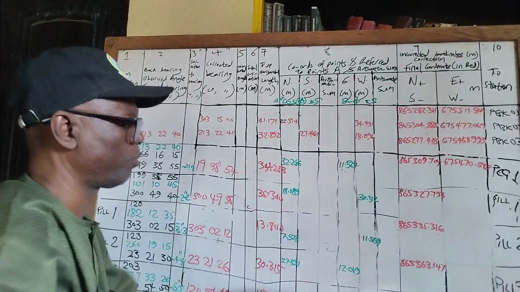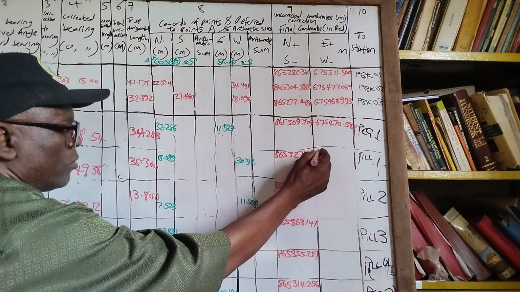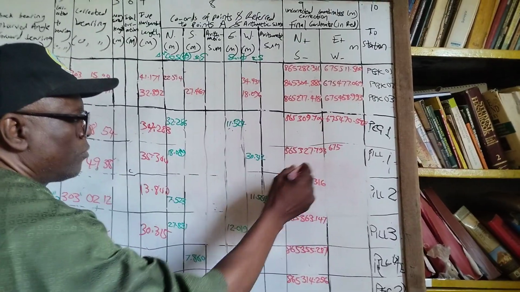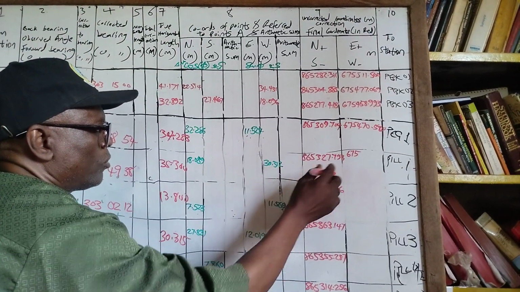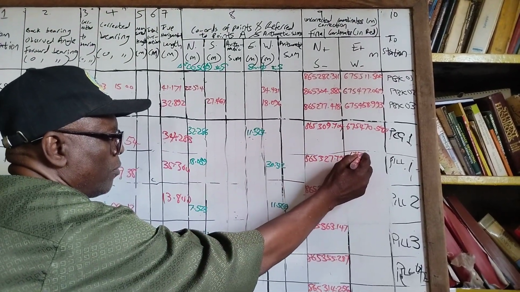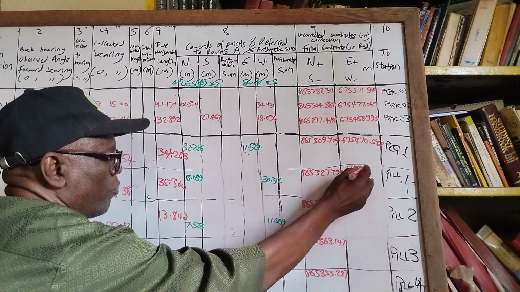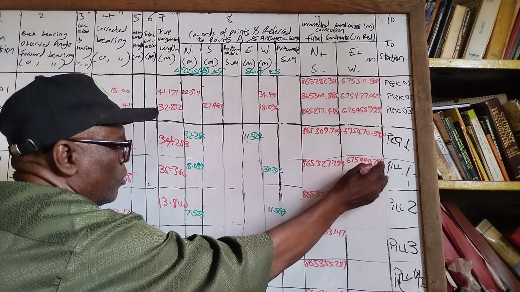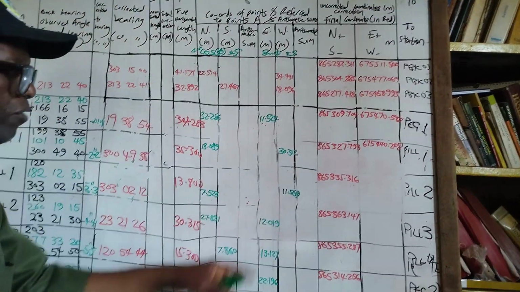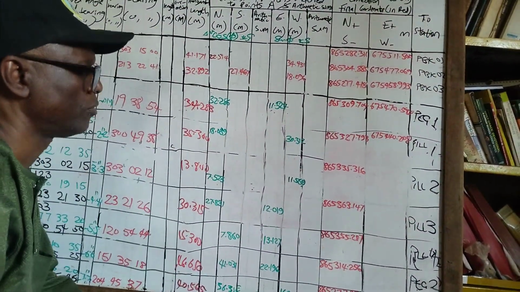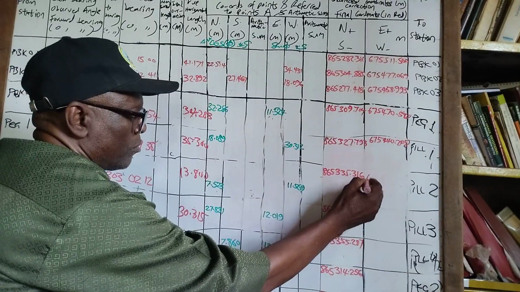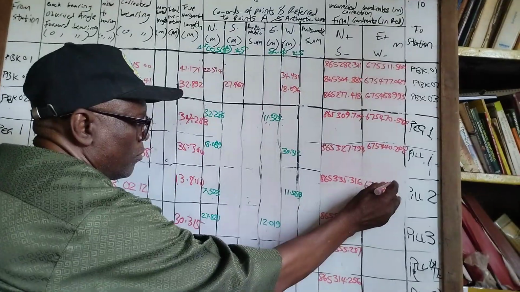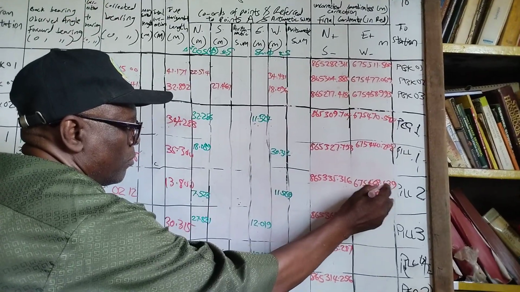Now subtract 30.312: 675440.208. Subtract 11.569: 675428.639.